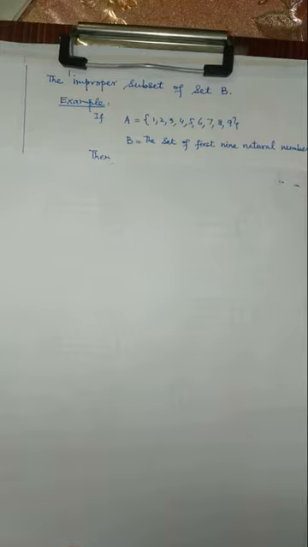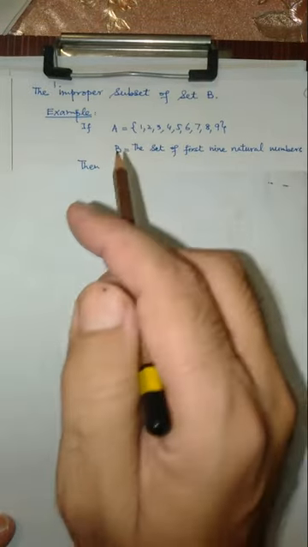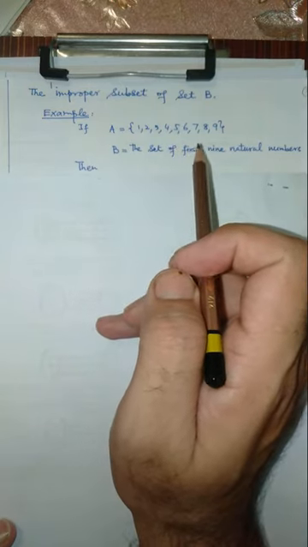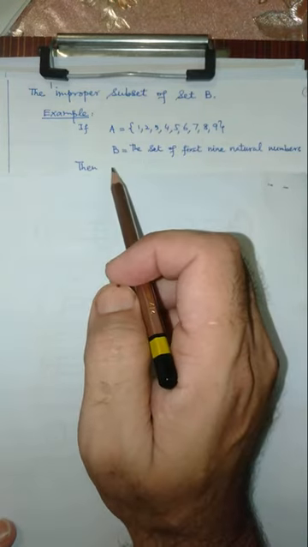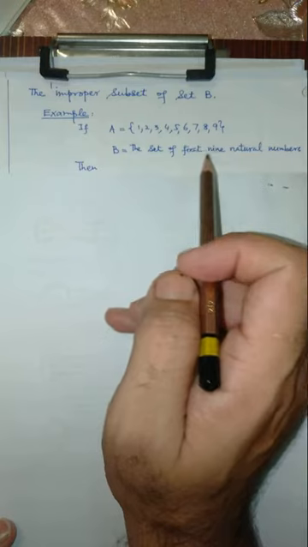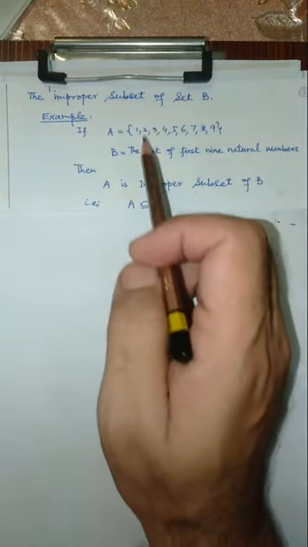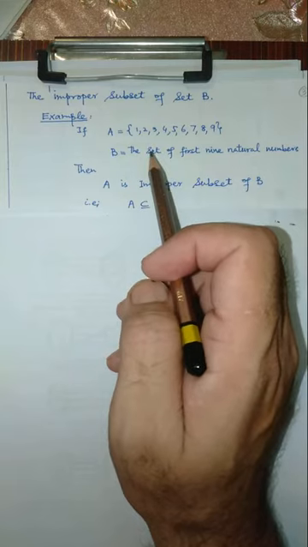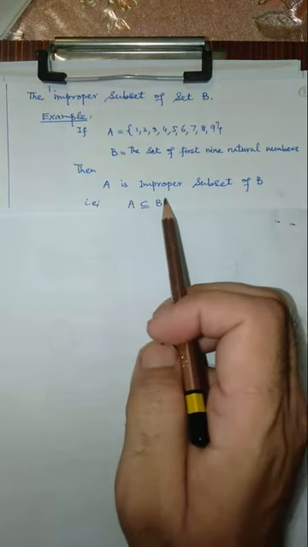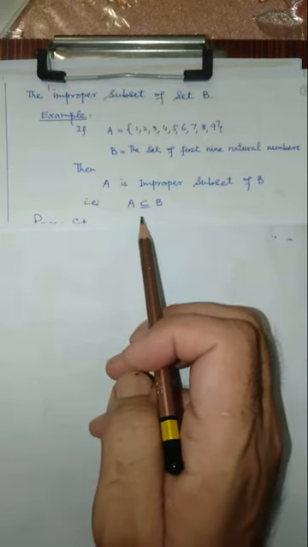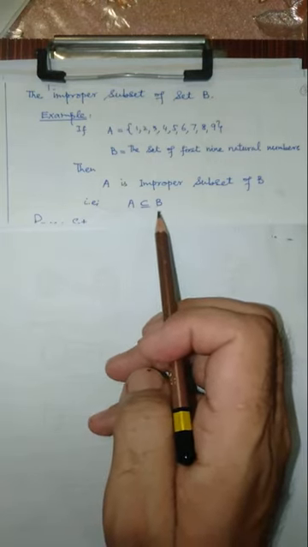For example, if you have a set A which is 1, 2, 3, 4, 5, 6, 7, 8, 9 and set B the set of the first 9 natural numbers. Now both sets are the same, so A is an improper subset of B and it is denoted by A improper subset of B.